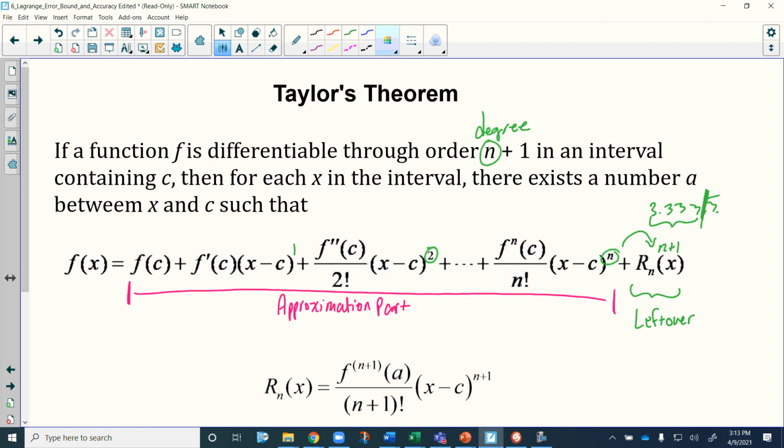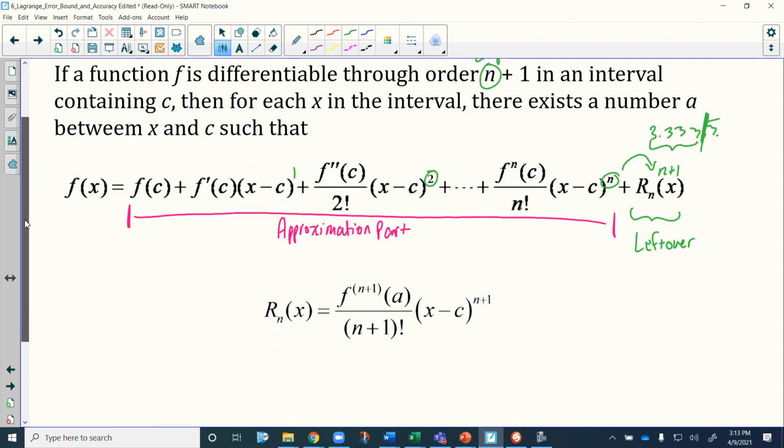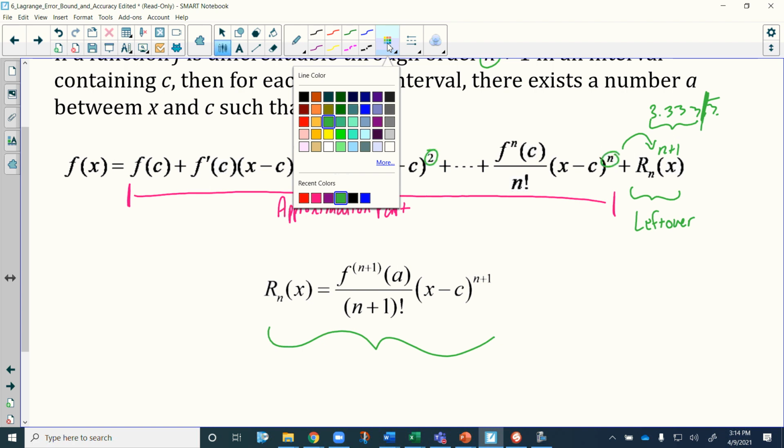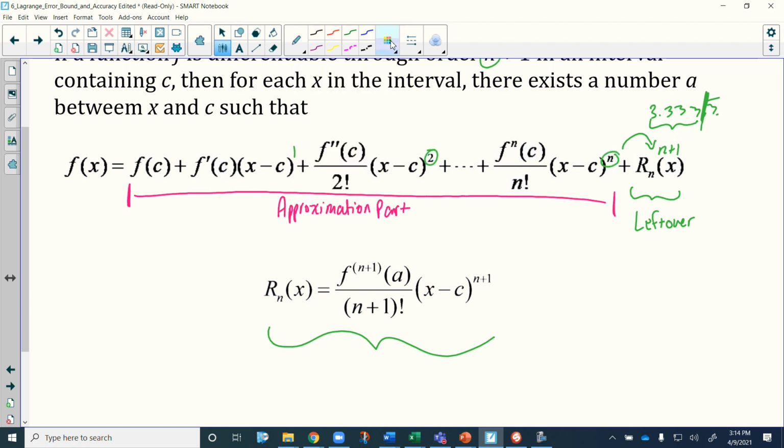And when we write that in a more simplified manner, we wind up with this whole thing, which is what we're using to identify the remainder.